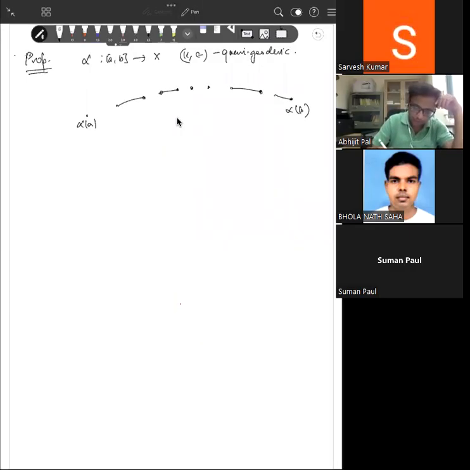Okay. So what this proposition is saying is there exists this pair k prime, epsilon prime. So there exists this k prime epsilon prime quasi-geodesic, and let us call it beta. Okay, so what is this beta doing? It is a continuous k prime epsilon prime quasi-geodesic. So it will be something like this.